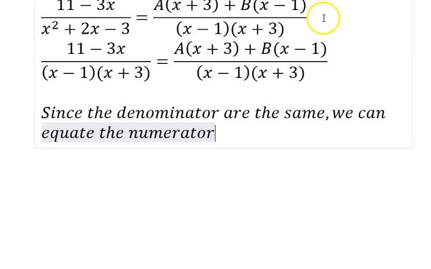Awesome. So with this now, our denominator are the same. So let's equate the numerator.